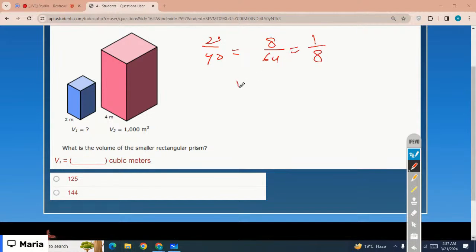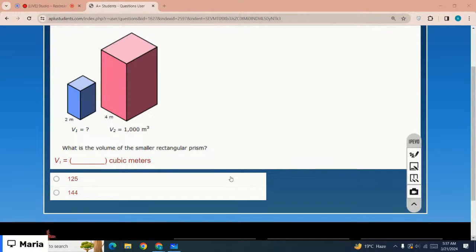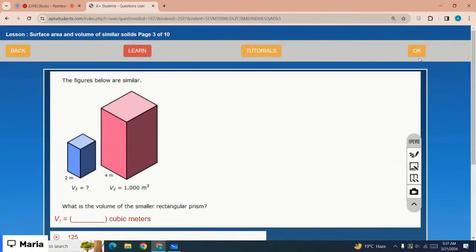So you have to do 1 over 8 equals V1 over 1000. So V1 equals 1000 divided by 8. The correct option is 125 cubic meters. Option number 1 is the correct option. That is 125.